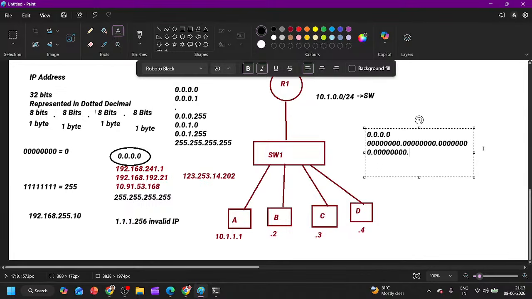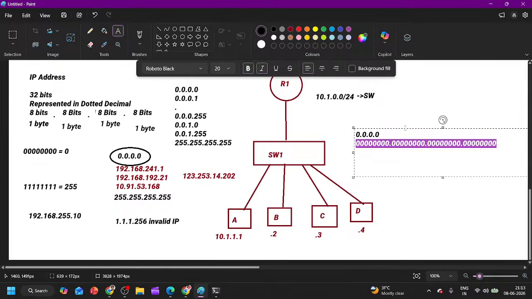There is no difference between these two IP addresses. Both are the same IP address. So either you can represent your IP address in decimal or in binary, the meaning is the same. And in binary, we have only two values, 0 and 1.